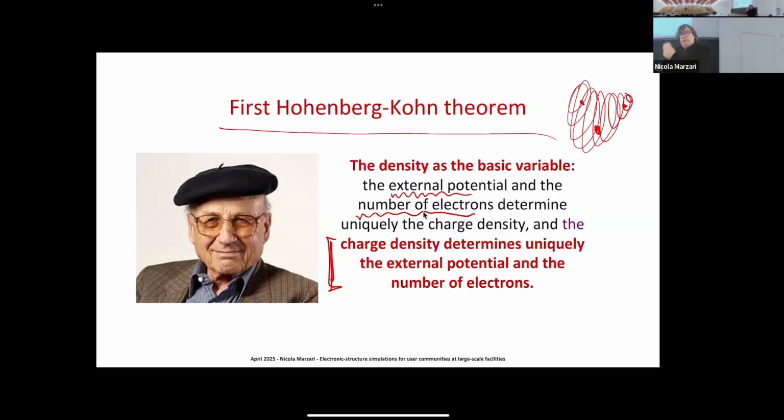We use that as a fundamental variable because at least in principle, if I have the ground state charge density, I would know what the external potential is, what the total number of electrons is, and what the Schrödinger equation is. I would be able to solve it and get all the properties of the system. So this one-to-one correspondence means that from the ground state charge density, I can know everything that I want about my system.